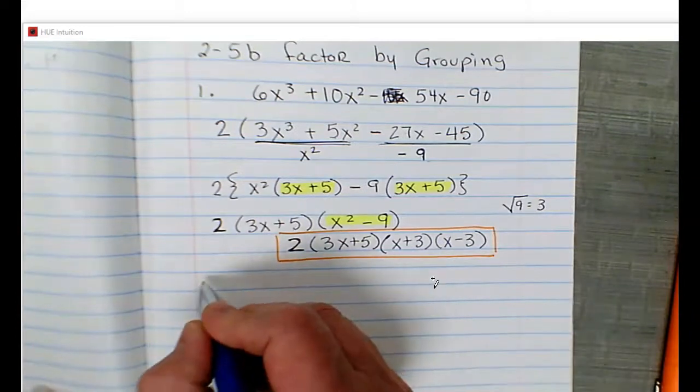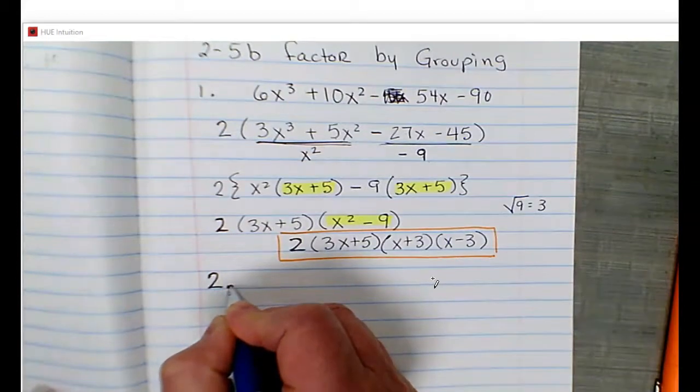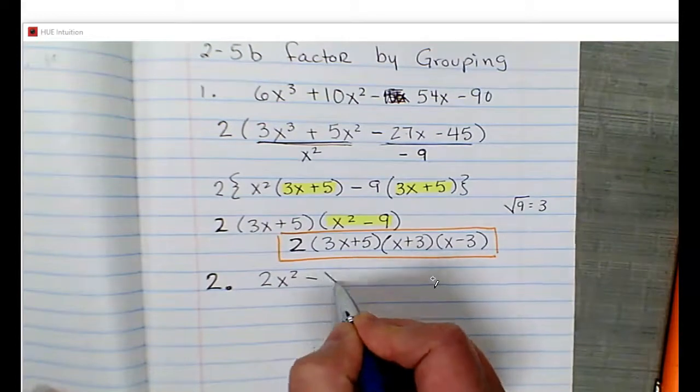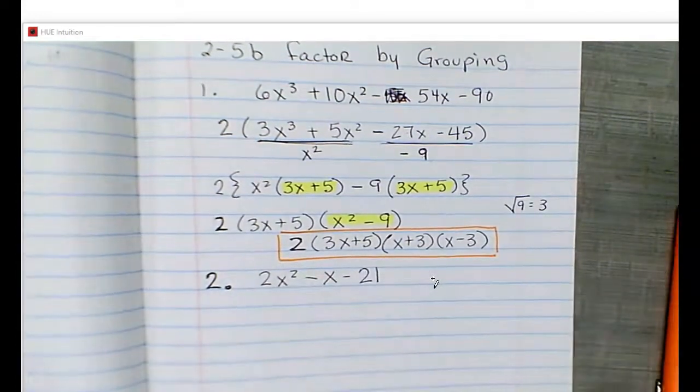Because now we're going to use that method on this kind of problem.